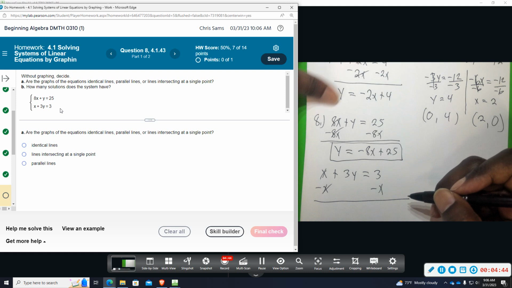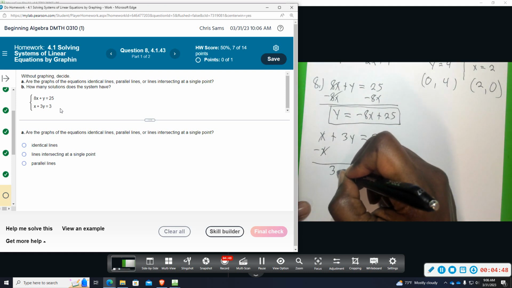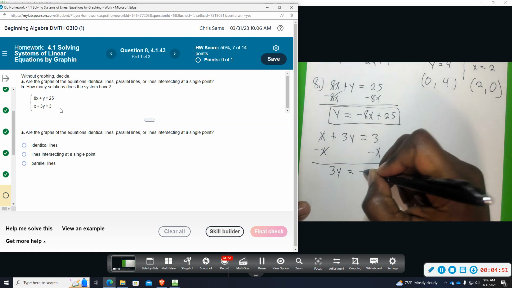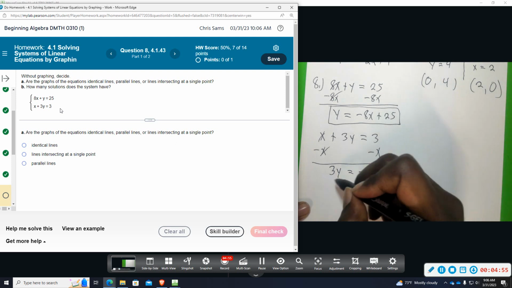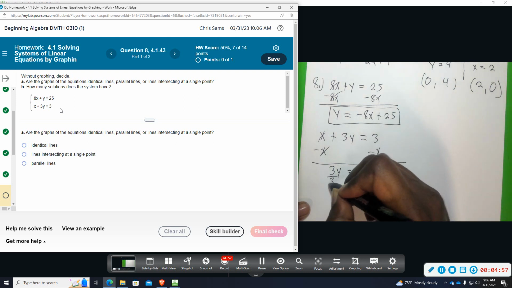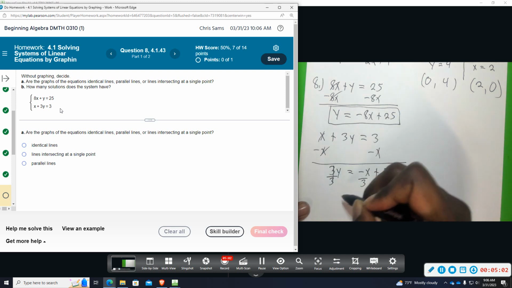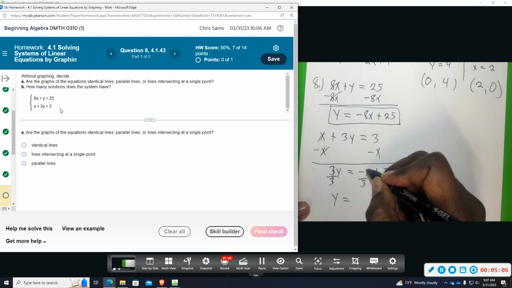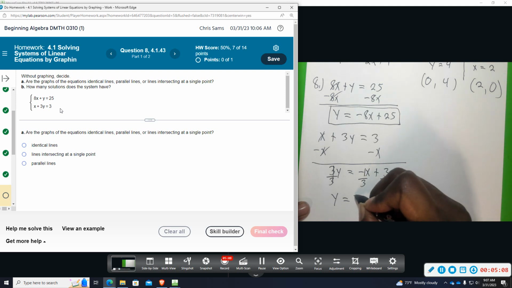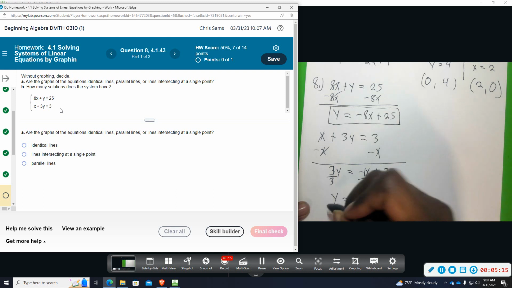Bring down 3y equals negative x plus 3. And then to get y by itself, we have to divide by 3. So that leaves us with y equals, now this as a slope is understood to be a 1 in front of here, so we're going to say negative 1 divided by 3x, and then 3 divided by 3 is 1.